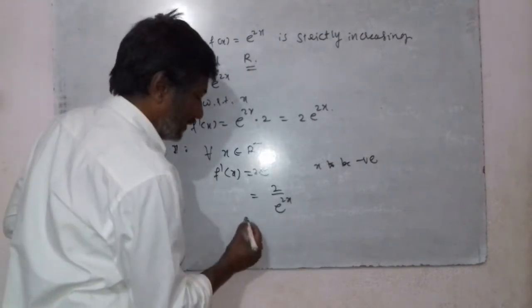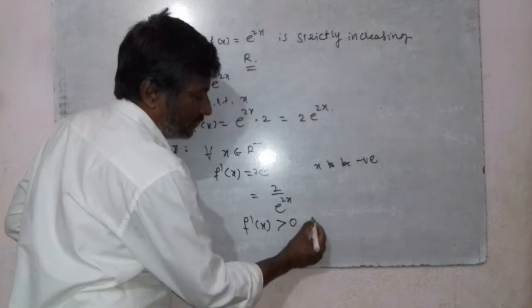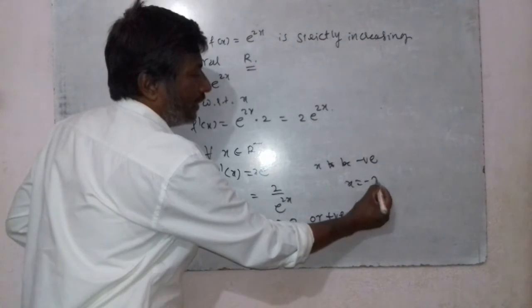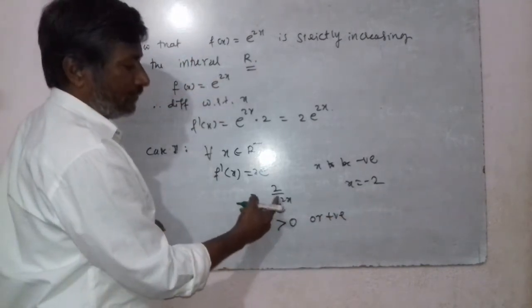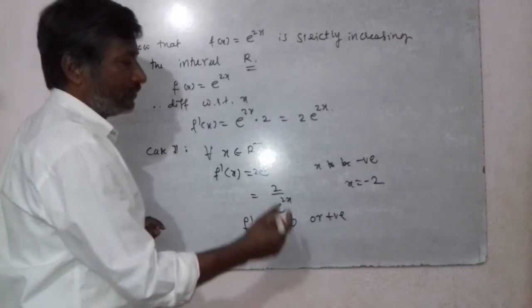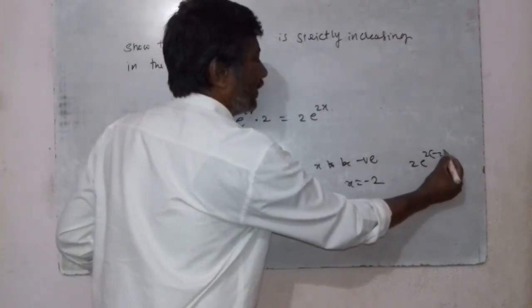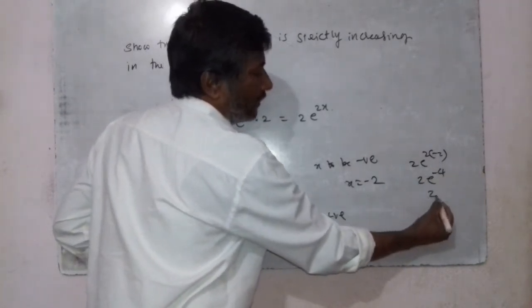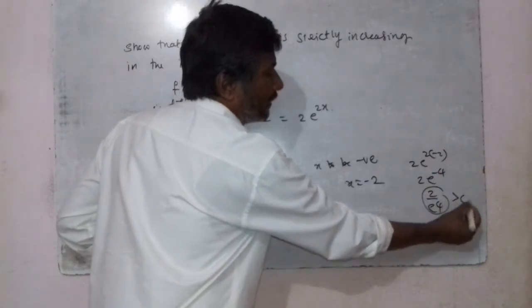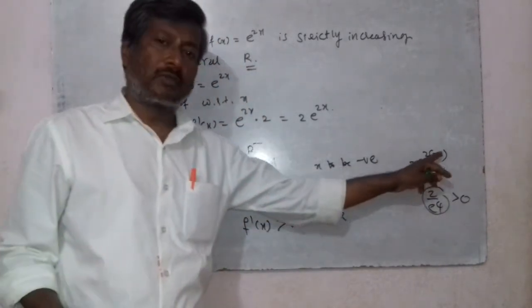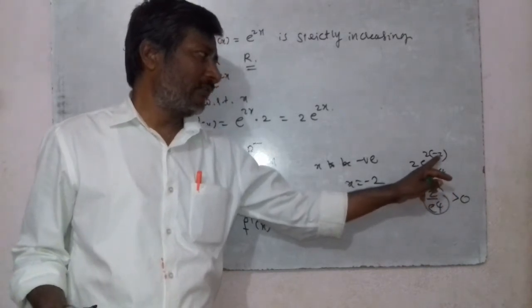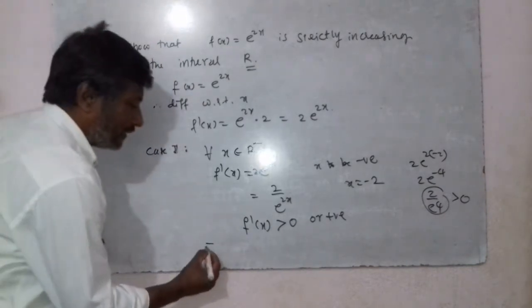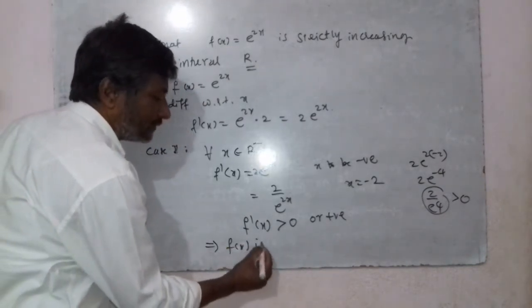So f dash x is greater than 0. If we put x equal to minus 2, then 2 e raised to 2 into minus 2, that is 2 e raised to minus 4, is again greater than 0. Similarly for any negative number, this is again positive. So therefore this implies f x is increasing.